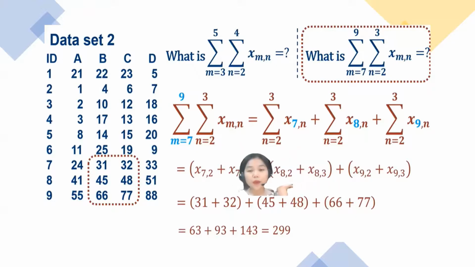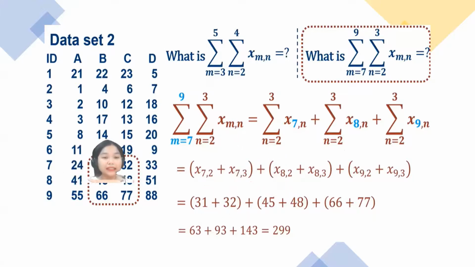Plus for the 8th row, x8,2 plus x8,3. Again, in other literatures, they don't have a comma, but the same meaning holds true for both terms. Again, let me repeat, the same meaning holds true for both terms. For the 9th row, we have x9,2 plus x9,3. So we have already specified the location. Now we try to assign values.